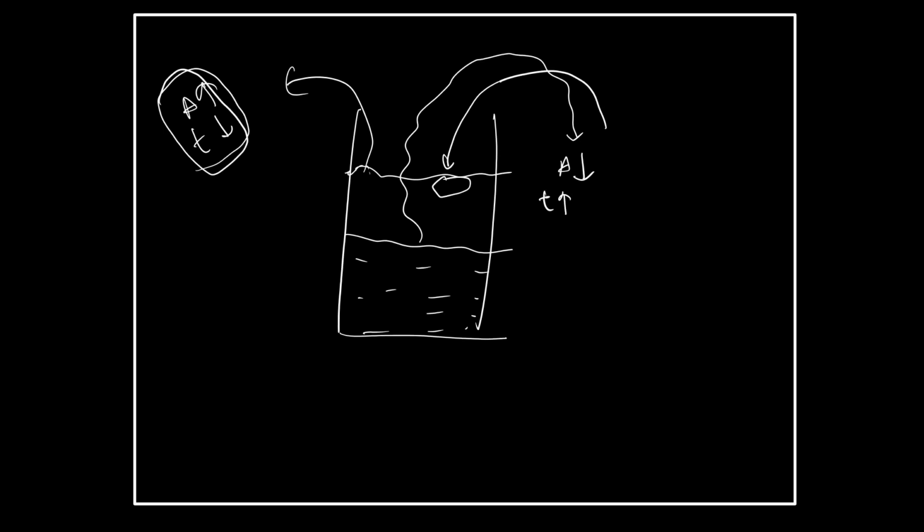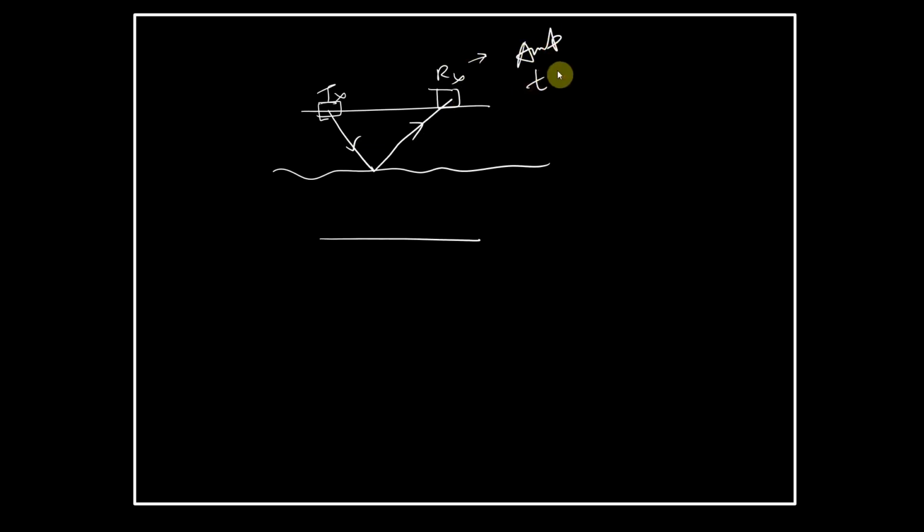Let me give you an example. This is the layer boundary between two layers, layer 1 and layer 2, and you are using a GPR to map this layer boundary. This is your transmitter and this is your receiver. The transmitter sends the signal, the receiver receives it, and you record the amplitude and the two-way travel time, the time it takes for the signal to go from here to here via this boundary.